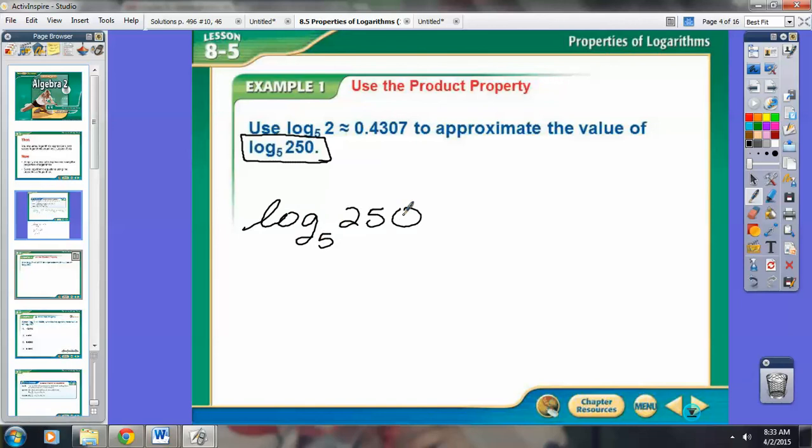If our base had been 10, type it in your calculator, it will give you the answer. Otherwise, we can't do it. But we are going to use this right here to help us. So I need to change my argument. Right now my argument is 250. Can I take 2 to some power that would give me 250?